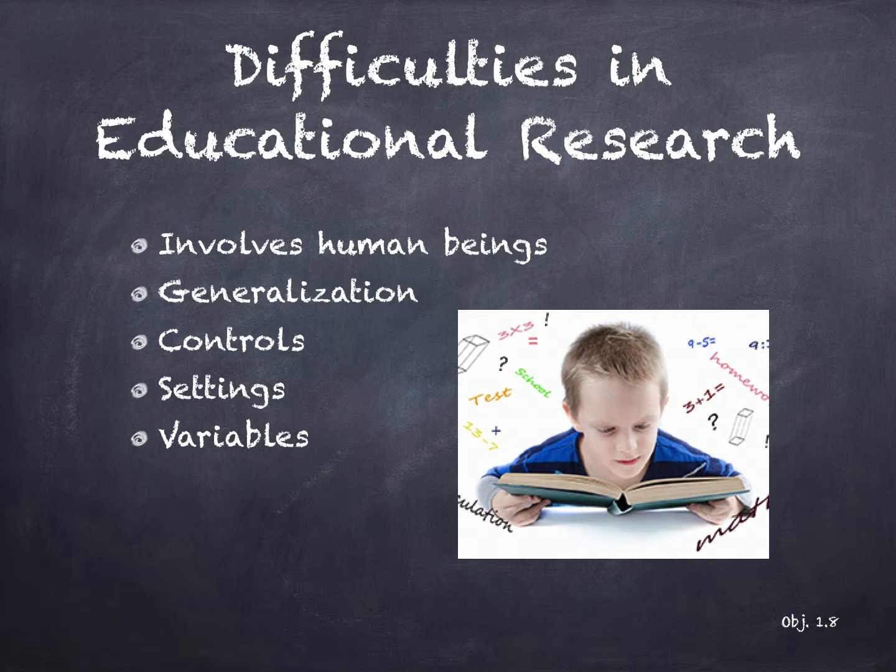In terms of generalization, a lot of times there are problems if you study something in a classroom or a school or even a district, it can't always generalize to other schools or classrooms or districts. You have to study lots of different schools before you can say this happens everywhere. Or a lot of different schools in different states even to be able to generalize information.